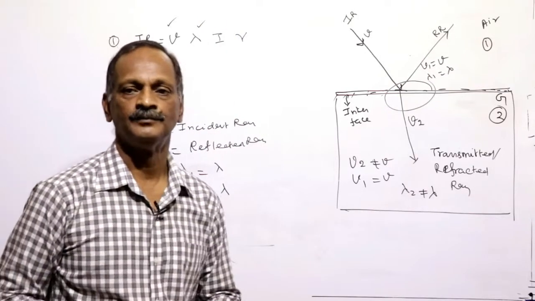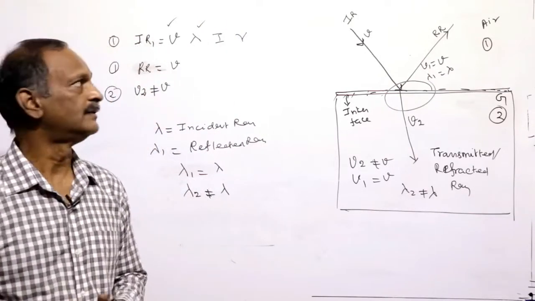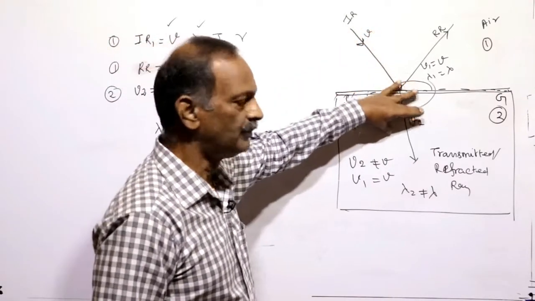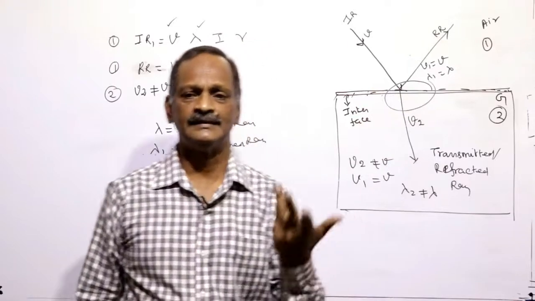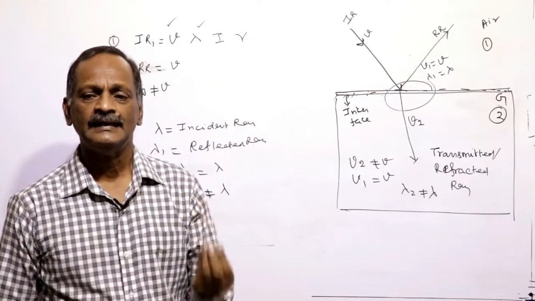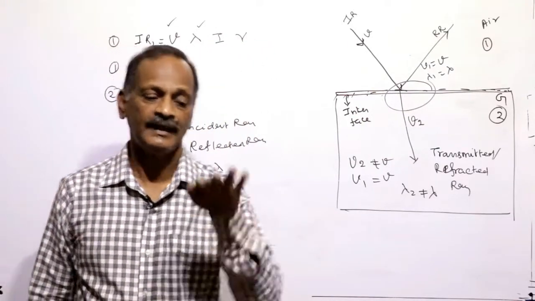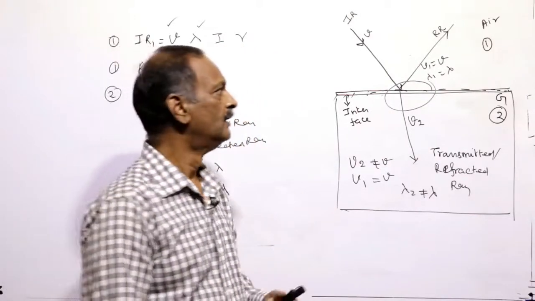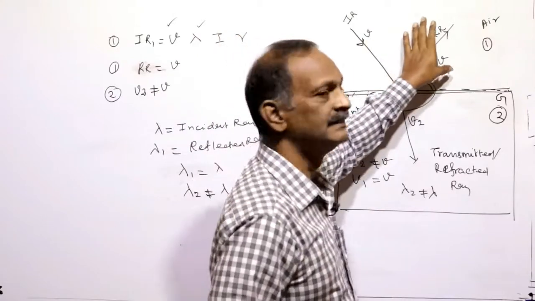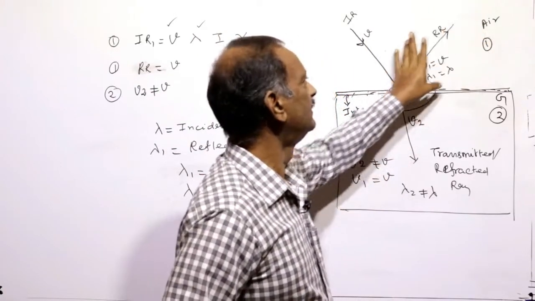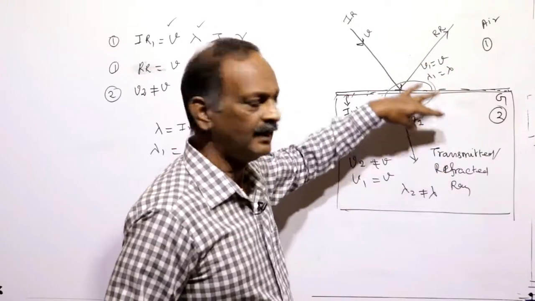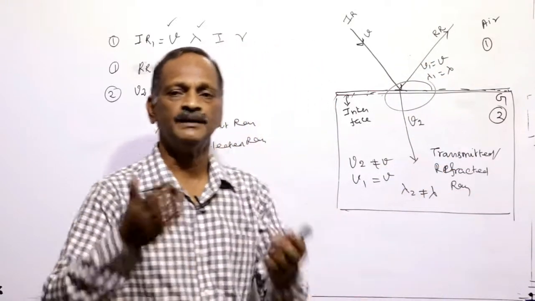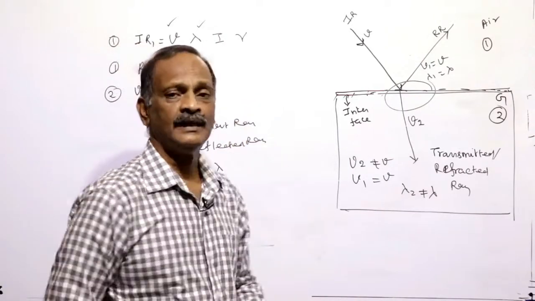Then intensity. What happens to the intensity? For the incident ray, we have some intensity. Some portion of energy is gone, because intensity is nothing but the light energy incident per second per unit normal area. So some part of the energy is reflected back, some part is absorbed and gone along with the refracted ray, and some energy is absorbed by the interface itself.